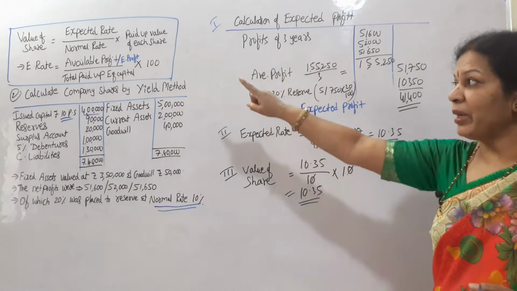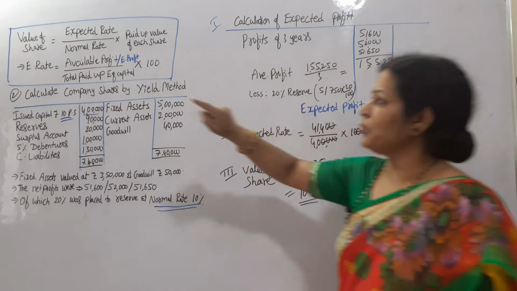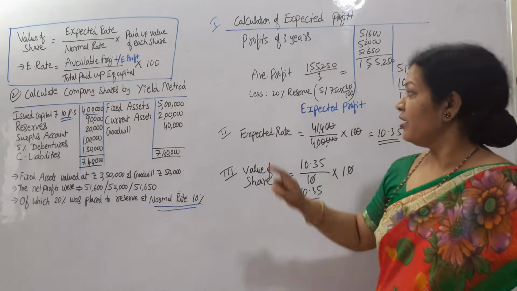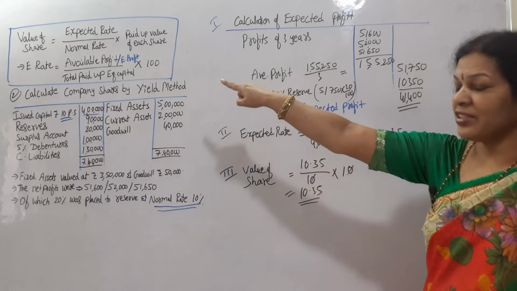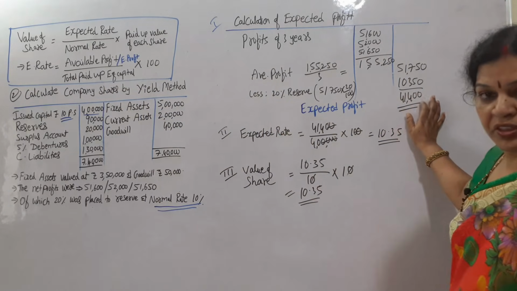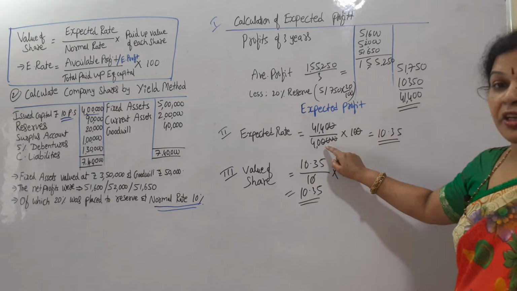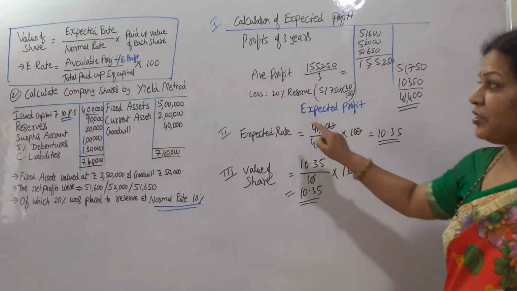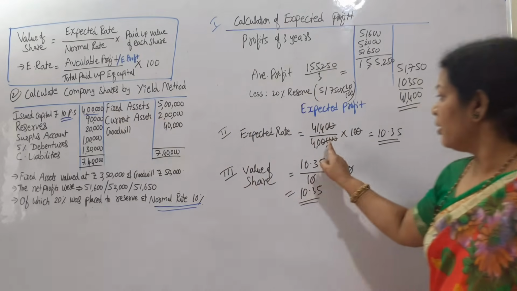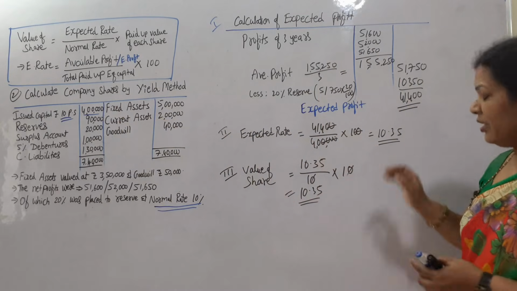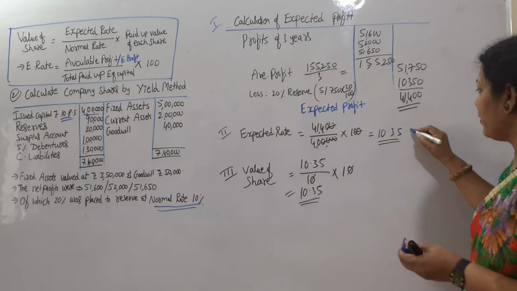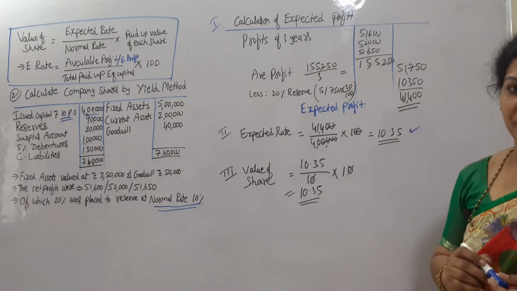Now as per the formula, first we need to know the expected rate. For the expected rate, the formula is available profit or expected profit, 41,400, divided by total paid up capital, 4 lakh, into 100, so you get 10.35 as the expected rate.